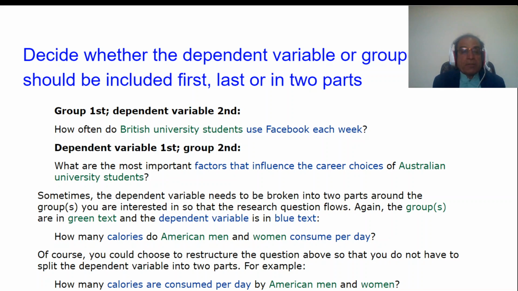So I recommend you try to write the question like this. Such kind of research question can be written easily and your reader can understand it easily.